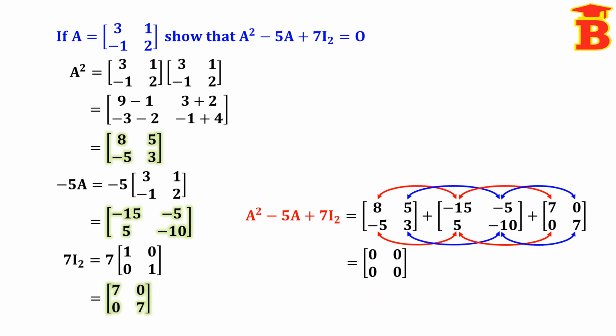Adding the fourth elements: 3 minus 10 minus 7 plus 7, that is 0. So this 0 matrix can be represented as O. So this is the right hand side. So we proved A square minus 5A plus 7I equals O. Thanks for watching.